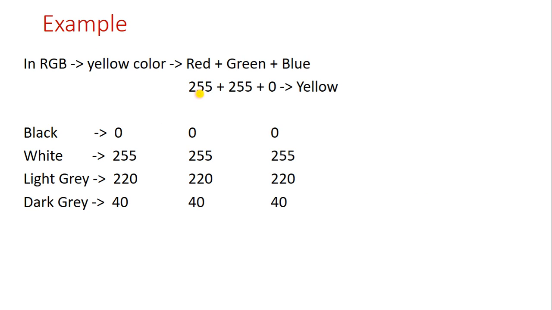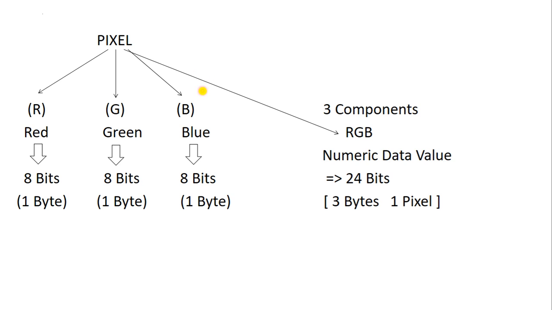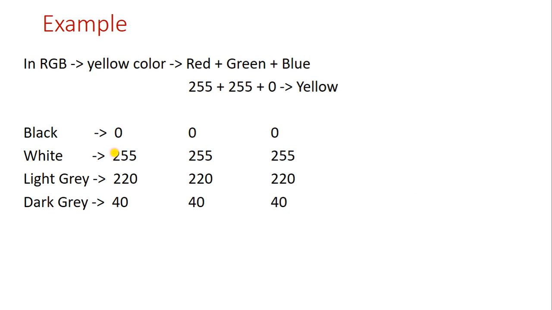Just now I told that the numerical data value should be put in the form of 0 to 255. There are 256 shades for each component, red, green and blue. So the numerical data value we put is from 0 to 255 only. Through these three colors only, red, green and blue, we generate different colors by putting values from 0 to 255.